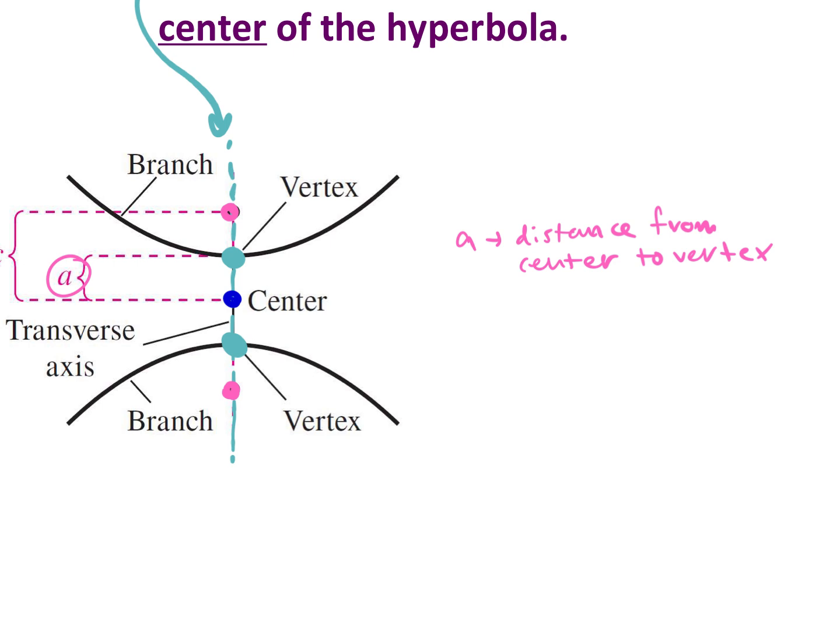C is the distance from the center to the foci. B isn't really on our graph, but we'll talk about it more in the next couple pages.